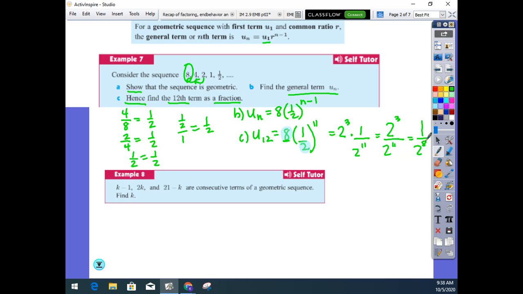And we can now combine bases, subtract the exponents, and I'm left with 1 over 2 to the 8th. And to me, that's as simplified as you need to get. If it's a calculator problem, you could figure out what that denominator is, but I don't know that it's necessary.